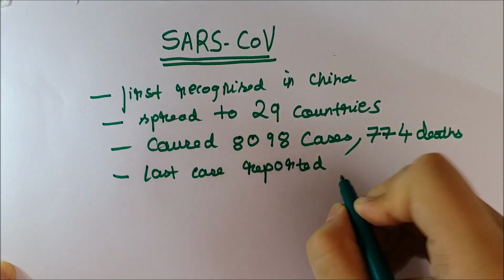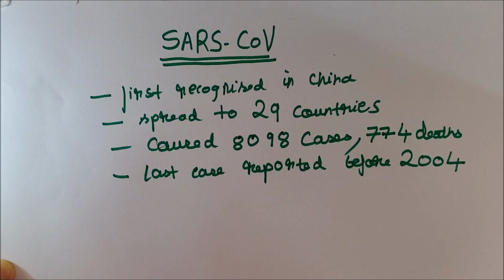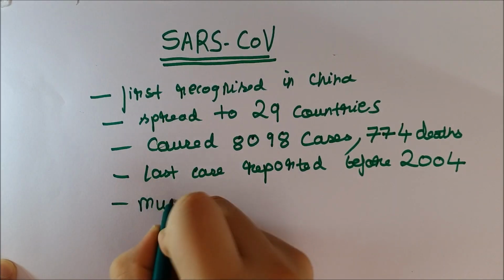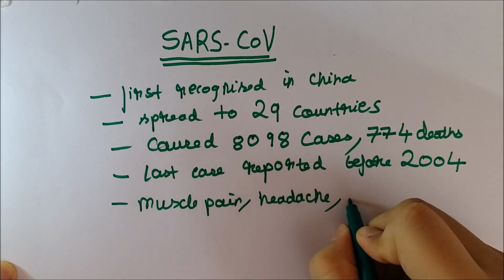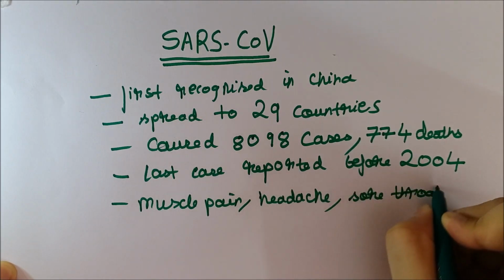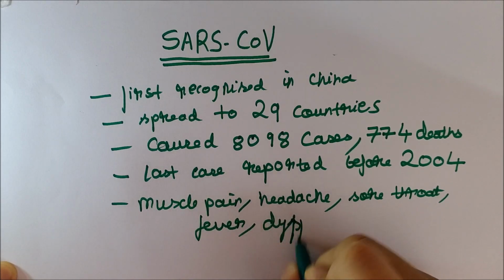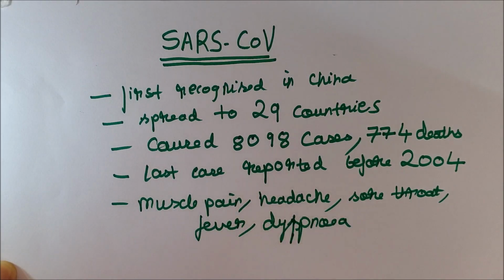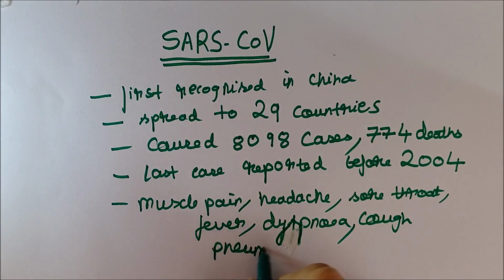And no case has been reported since 2004. Some of the symptoms of SARS infection are muscle pain, headache, sore throat, fever, dyspnea. Dyspnea is difficulty in breathing, or cough, pneumonia, and other respiratory symptoms can be observed.